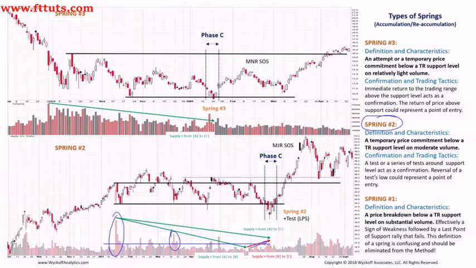It also might have a little bit more profound commitment to the downside with multiple closes to the downside, usually maybe 2, or a more significant penetration of the support.